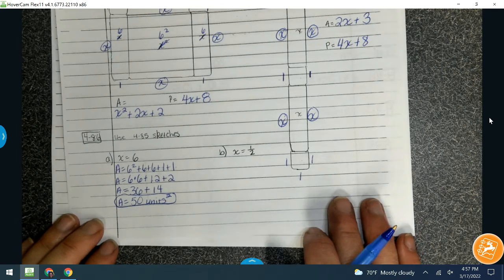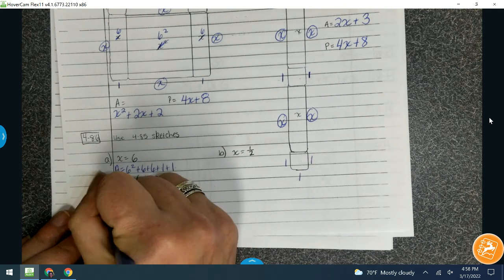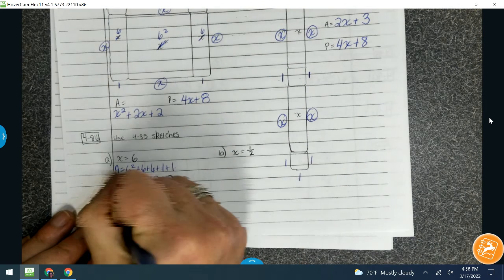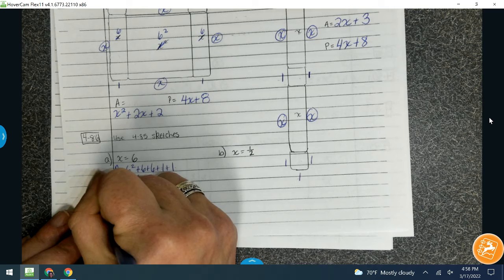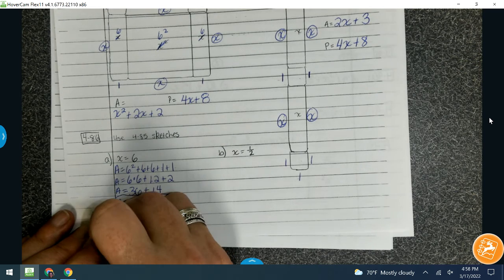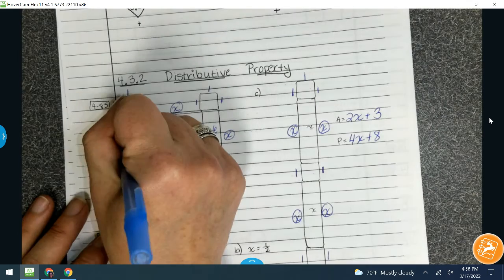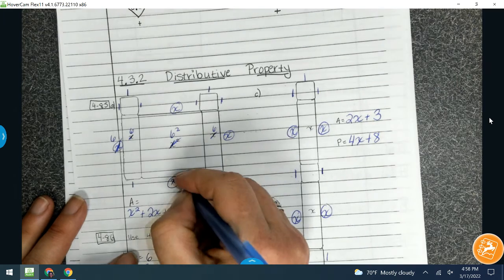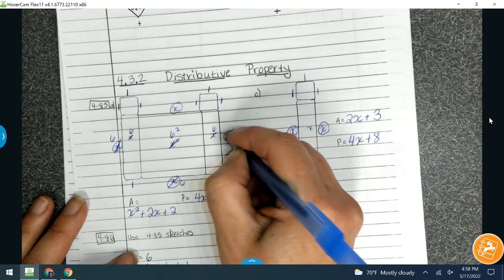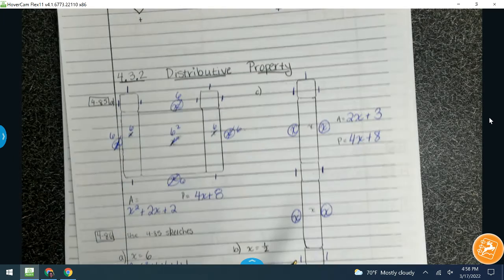Now I'm going to go up here and deal with the perimeter. I'm just thinking. My perimeter: this guy here is now going to become 6. This guy right here is going to be 6, 6, 6. And the rest is going to be the same.